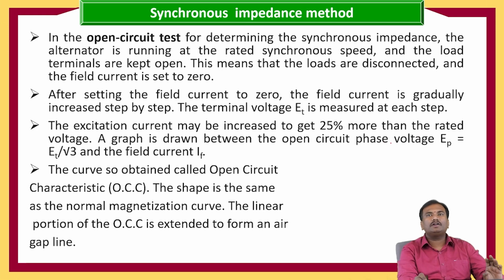Not only the rated voltage, we are going to increase the excitation such that the generator voltage reaches 125% of the rated voltage. Now a graph is drawn between open circuit phase voltage, that is E_T by root 3, and field current. The curve obtained is called the open circuit characteristics.